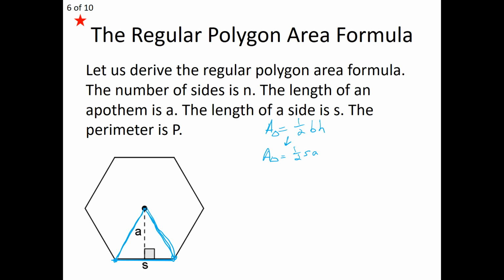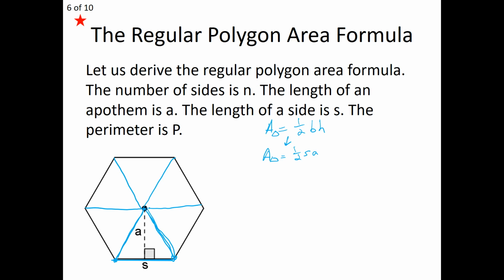So then how do we generalize this to find the entire area of the given polygon? Well, if we draw in more circumradii, we see that we are going to be able to cut our regular polygon into the same number of triangles as the regular polygon has sides.